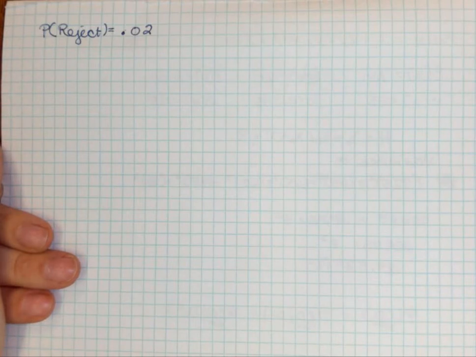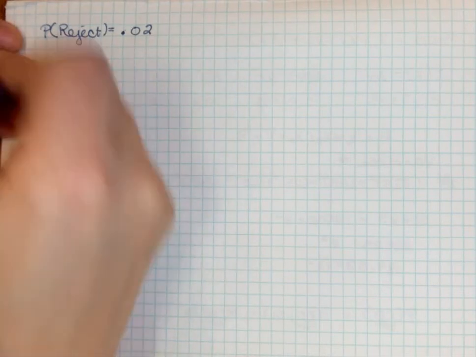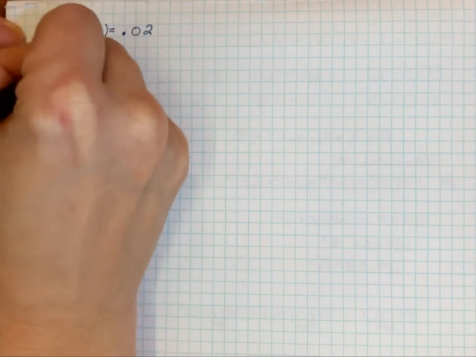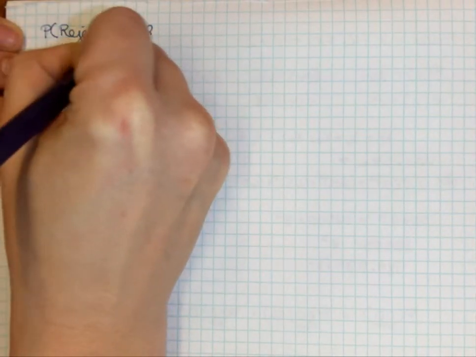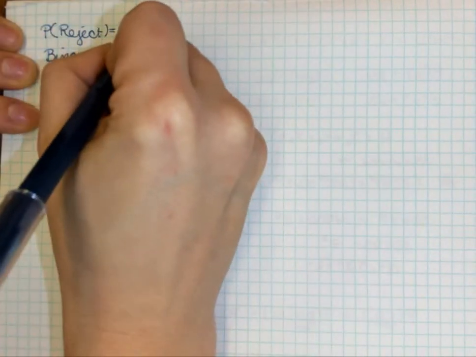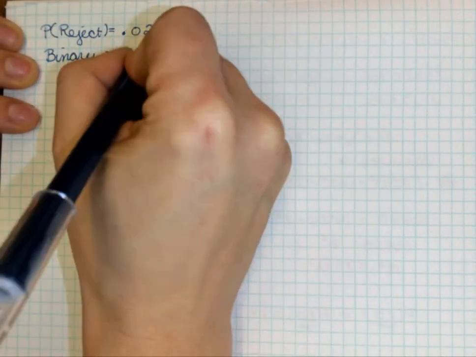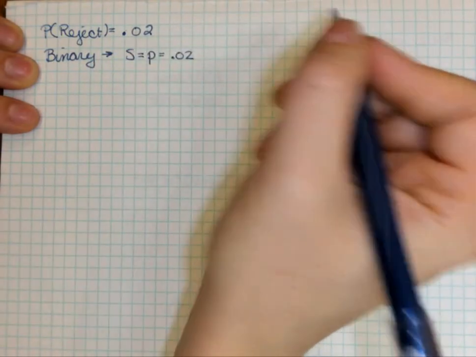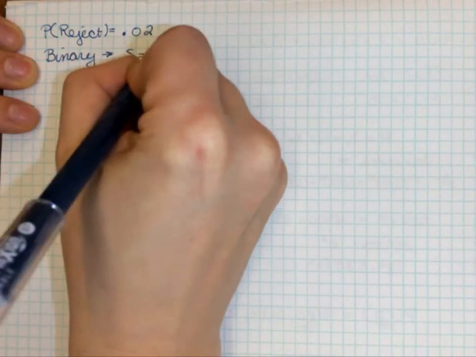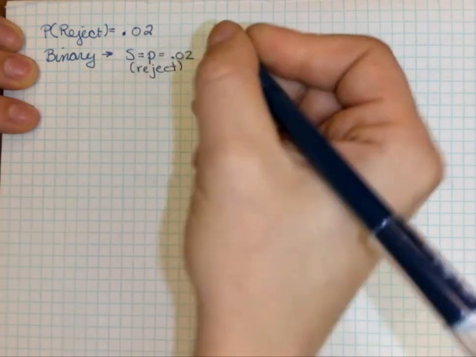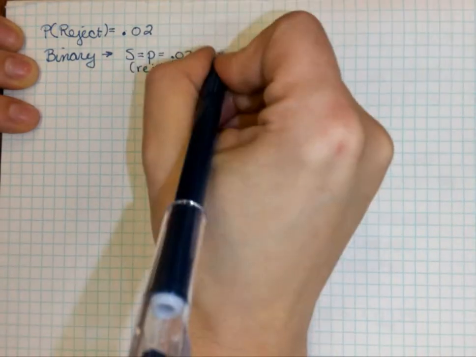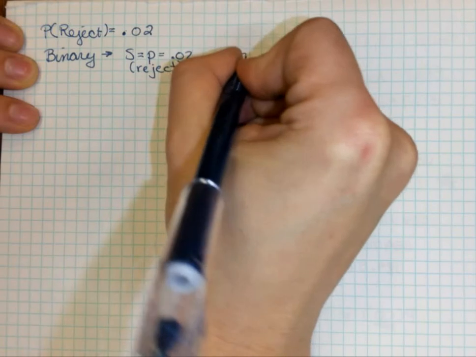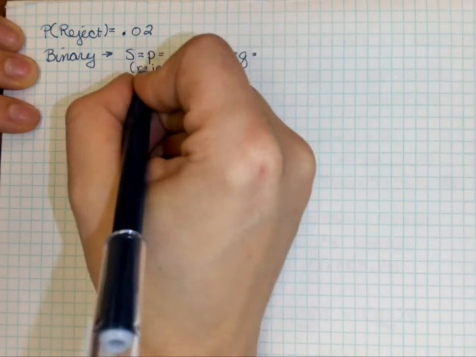So first off, in order to use my geometric model, what do I need to have? Binary. My first thing I need is the binary. And I'm going to let the success, my P, be 0.02. And that means we reject. What would the other one be? What's the opposite of reject?